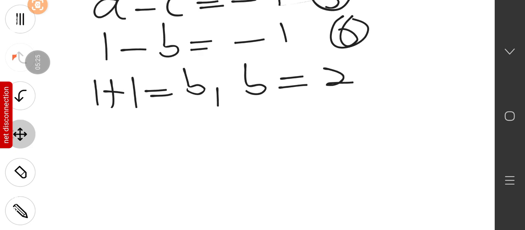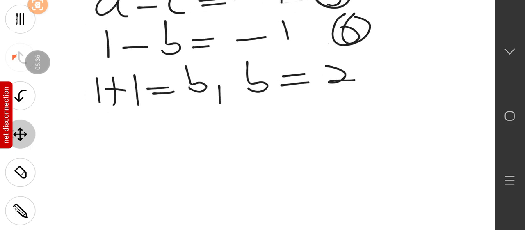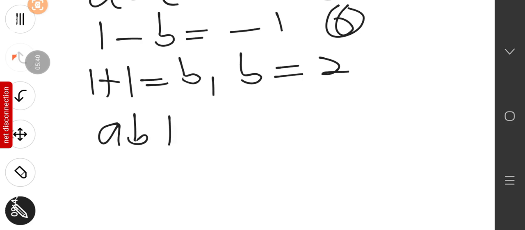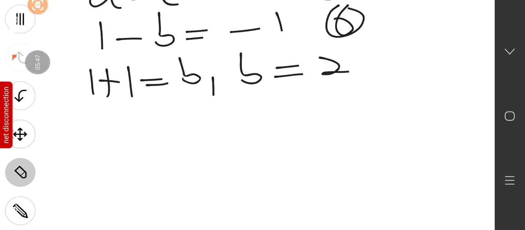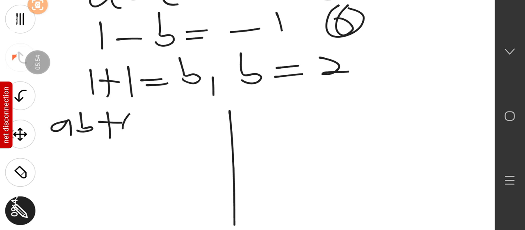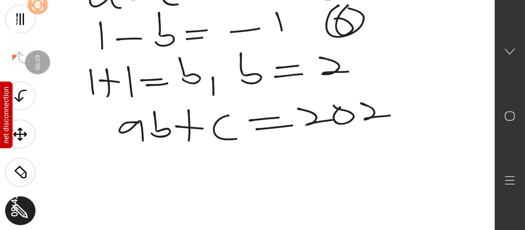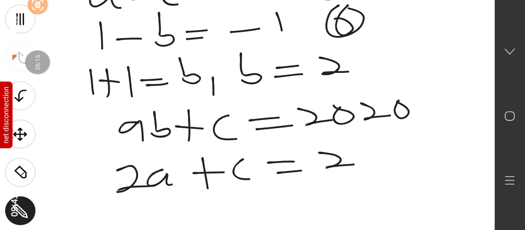Let's put B equals 2 into equation 1. Equation 1 is AB plus C equals 2020, so put B equals 2 here and you have 2A plus C equals 2020.